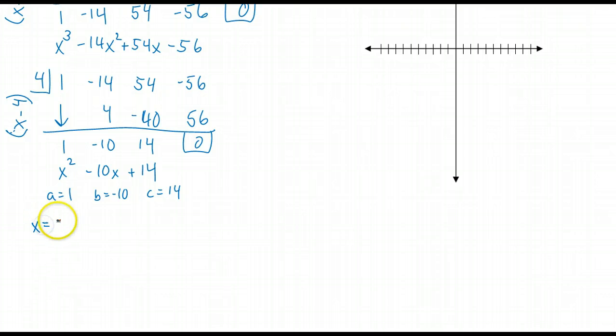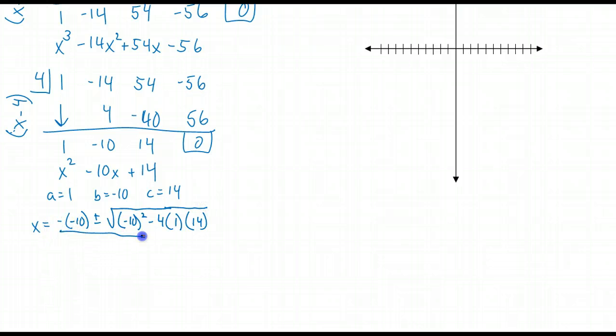X equals negative b plus or minus the square root of b squared minus 4 times a times c all over 2 times a. A negative negative 10 is positive 10.